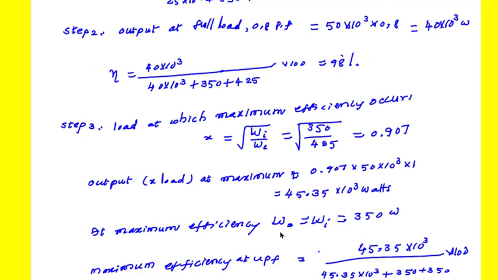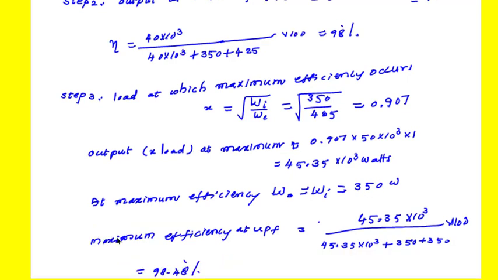Then at maximum efficiency, iron loss must be equal to the copper loss. So iron loss is already given, that is 350 watts, so it must be equal to the copper loss, that is Wc. So then we can calculate what is the maximum efficiency at unity power factor.